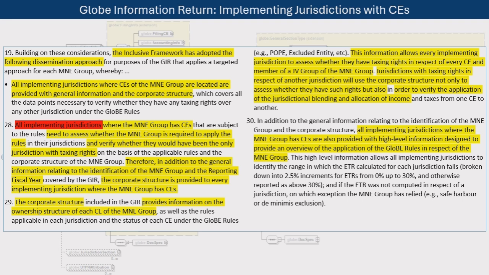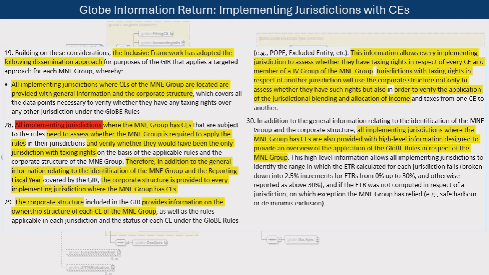Not only that part that they are a part of, but the whole group. And to me, high-level sounds like summary. So I'm not sure whether the constituent entity jurisdictions indeed all get the summaries, but it seems, based on this paragraph, which is a year older than the XML schema, that that might be the case. We definitely need more guidance from the OECD on this matter.